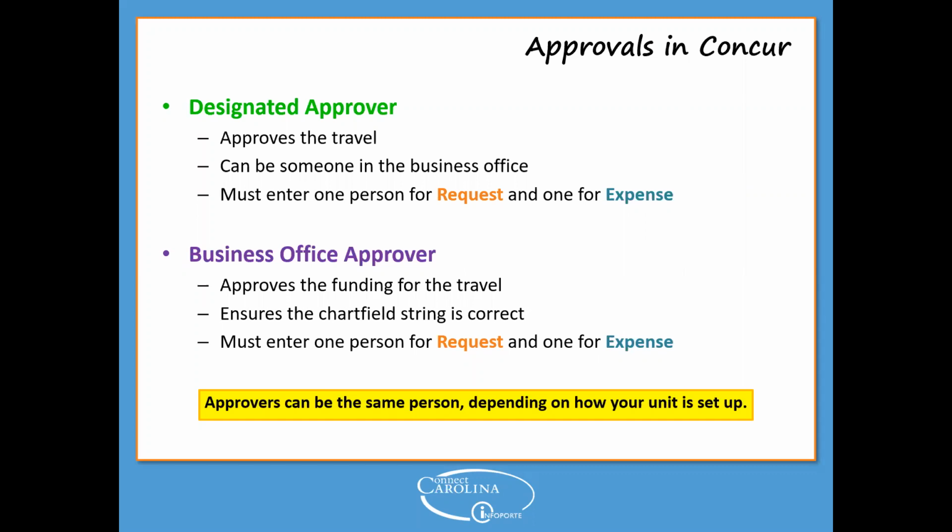So if you have a larger unit and you have multiple approvers for travel on the request side and the expense side, you'll need to have one person listed, potentially say your campus unit finance lead could be listed as that approver, and then you delegate those approvals to other people within Concur. But Concur only allows us to send one person as an approver from ConnectCarolina into Concur.